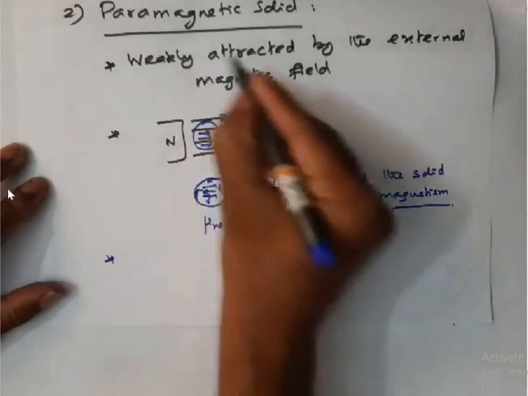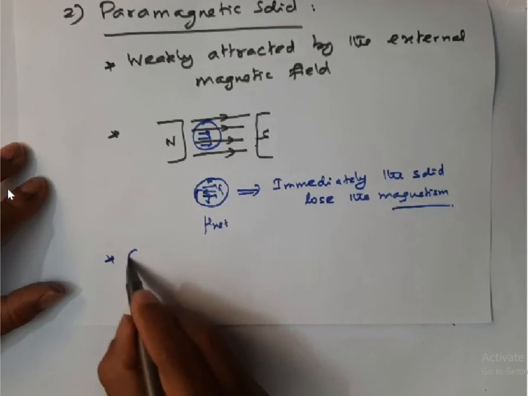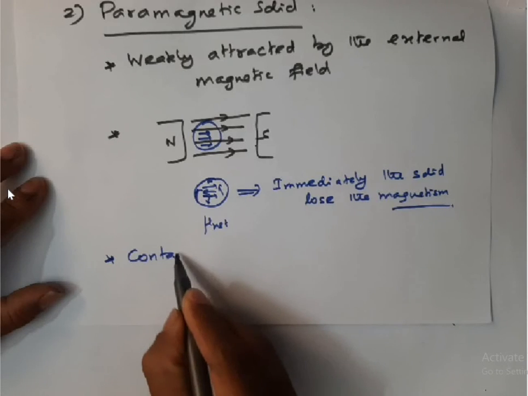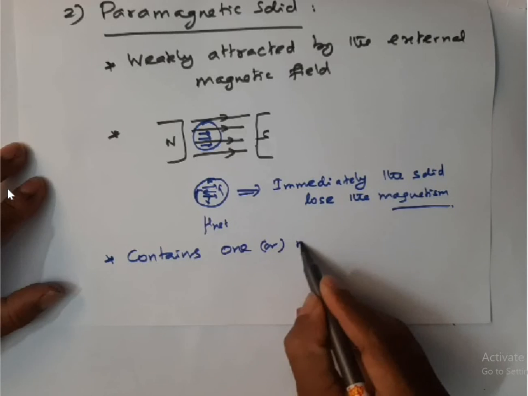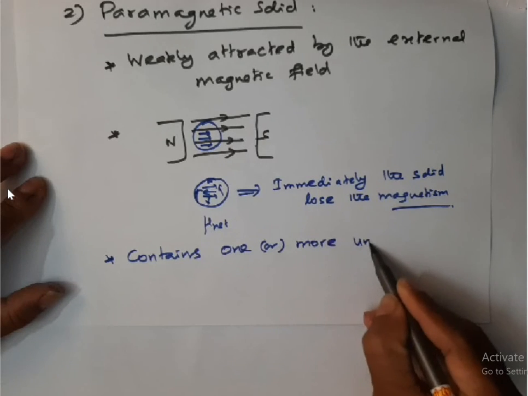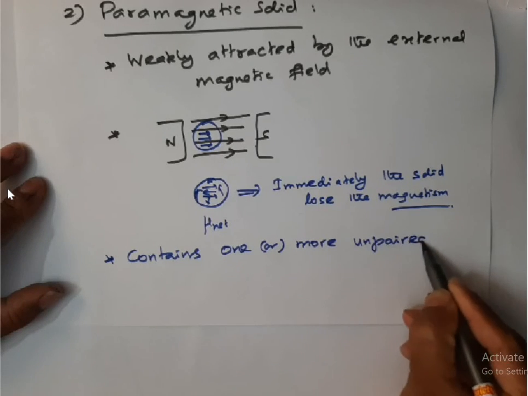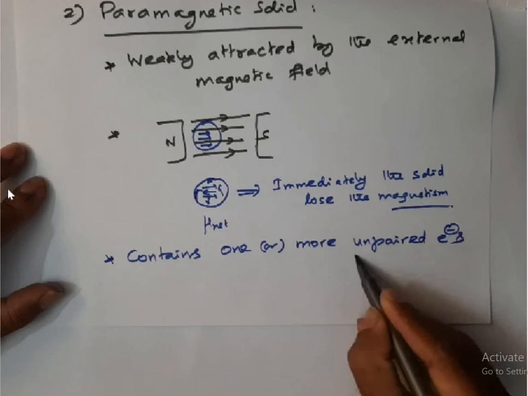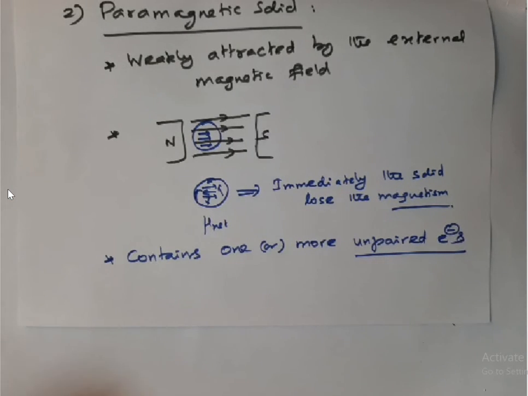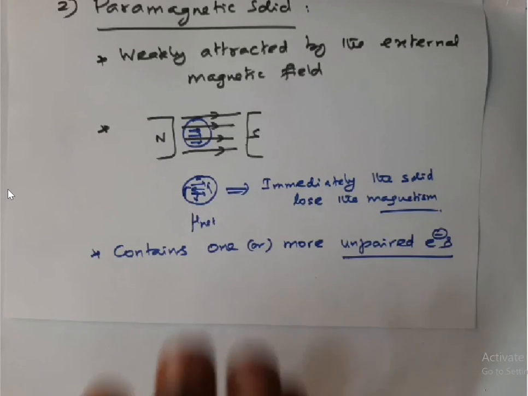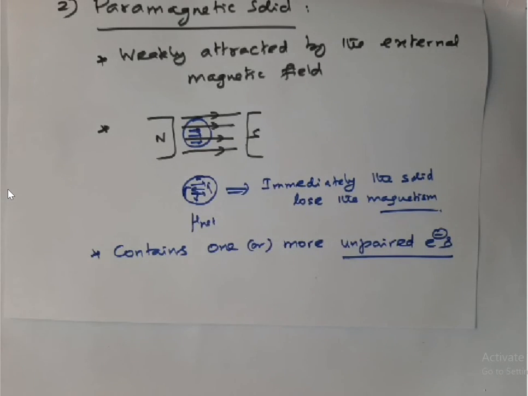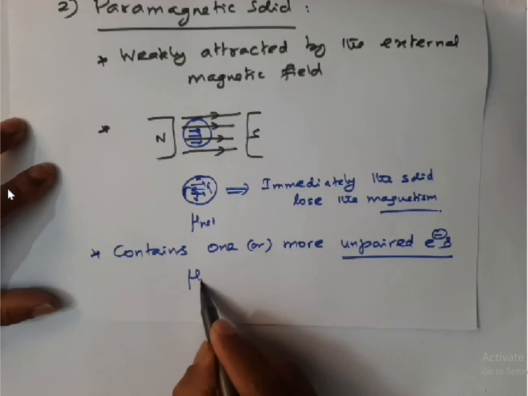And remember, paramagnetic materials contain one or more unpaired electrons. Paramagnetic solids contain one or more unpaired electrons. Unpaired electrons must be present. Therefore, they have some net magnetic moment.